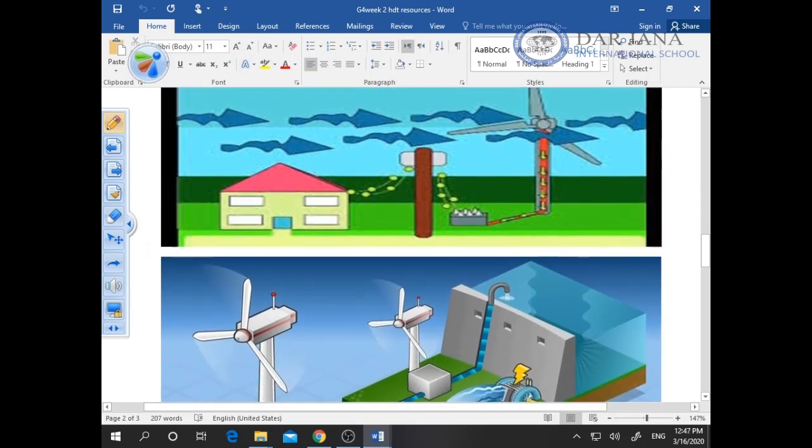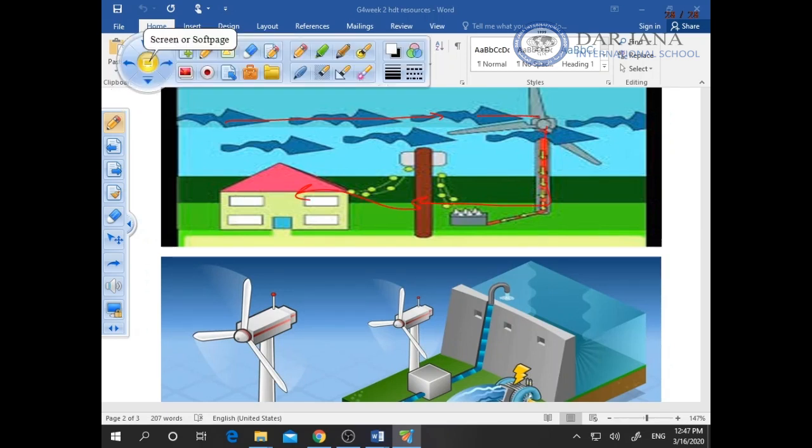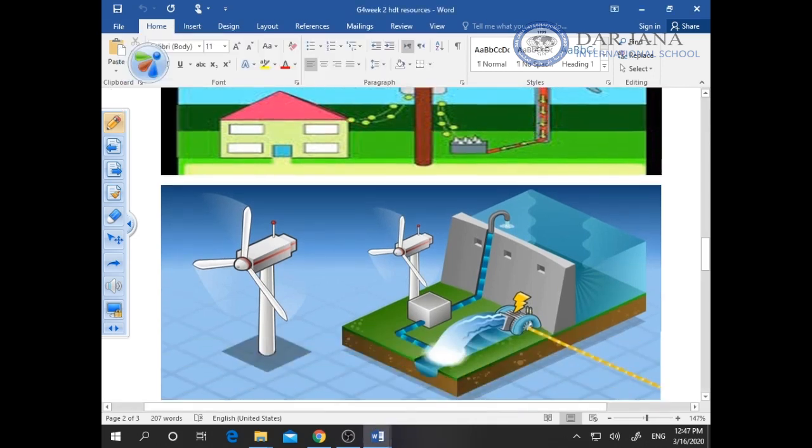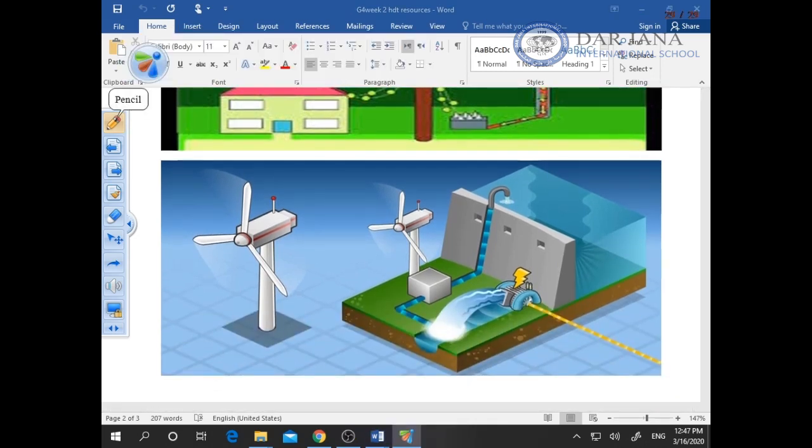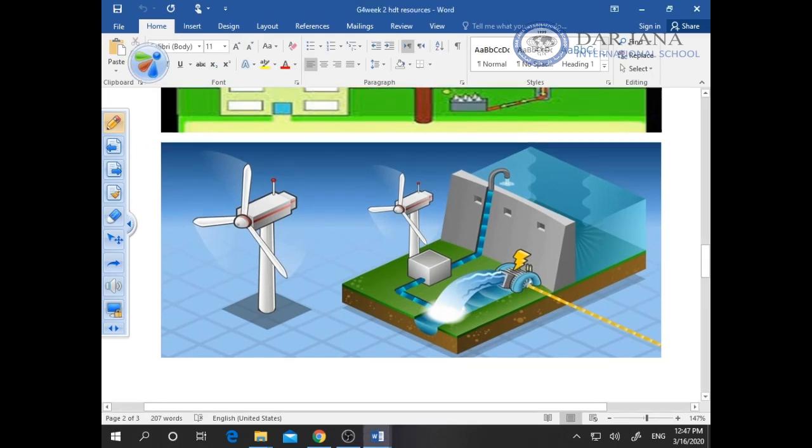In the other two, we can see the importance of the wind in the production of energy, and the importance of the waterfalls, or the water energy, to produce energy as well. So this is a simple idea that we have to take in consideration.